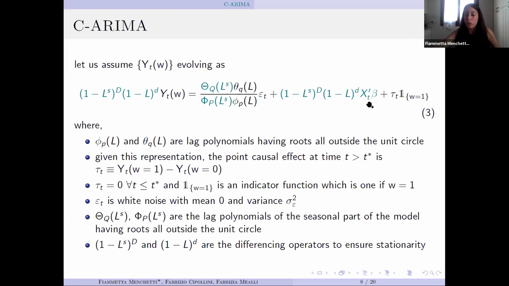And then there's also the addition of some covariates. But essentially, what I wanted to stress here is that even under this more complex model specification, tau_t is still our causal effect, our point effect at time t.